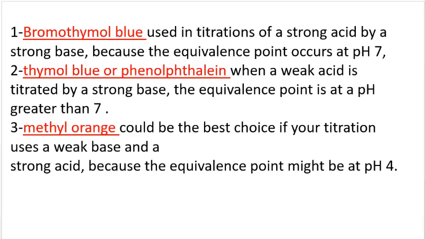Thymol blue or phenolphthalein is used when a weak acid is titrated by a strong base, as the equivalence point is at a pH greater than 7. Methyl orange could be the best choice if your titration used a weak base and a strong acid, because the equivalence point might be at a pH 4.